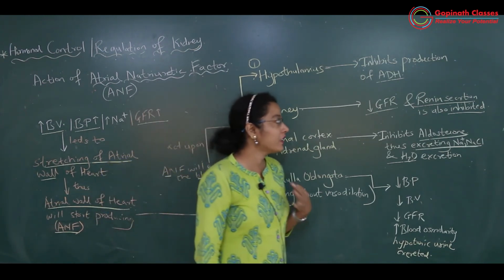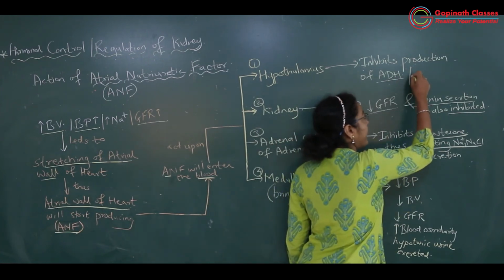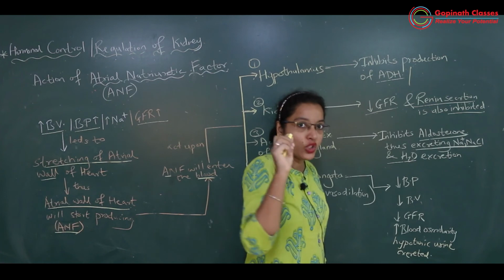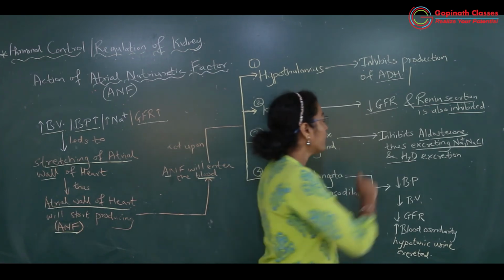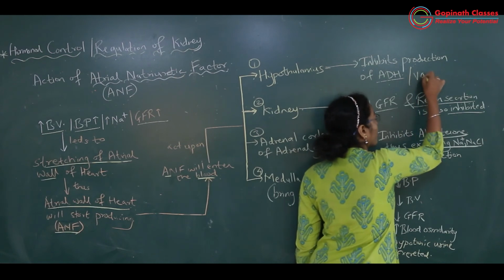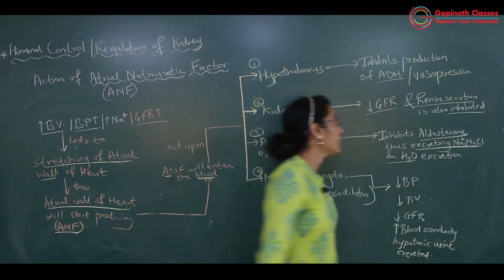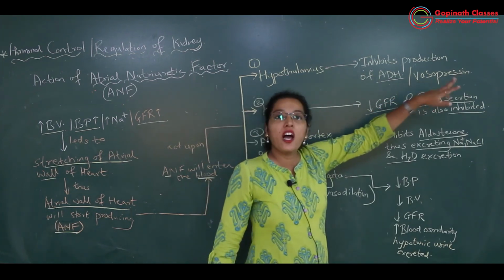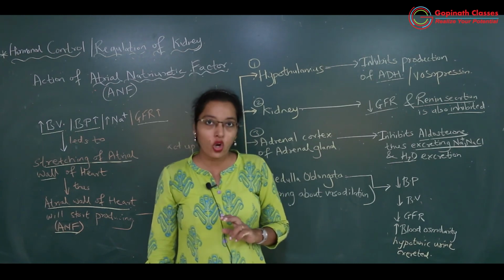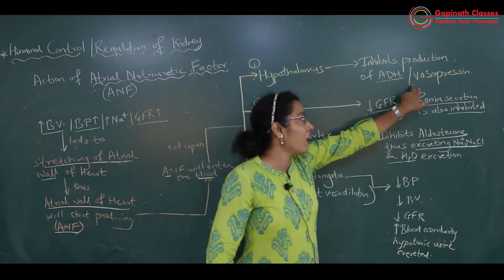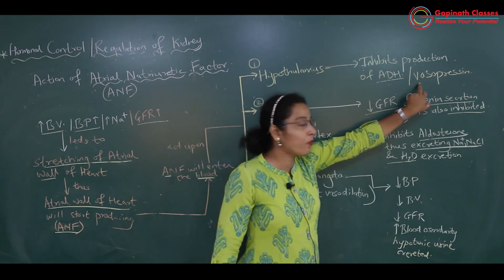So, very important thing which you have to remember, that anti-diuretic hormone ADH, as it is bringing about vasoconstriction to increase the blood pressure. So, definitely it is also known as vasopressin. So, please note down this. In the last lecture I have not told you what is the other name for anti-diuretic hormone. Please remember, other name for anti-diuretic hormone is vasopressin.